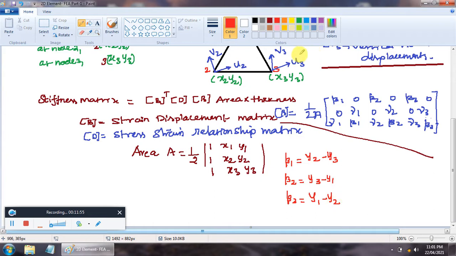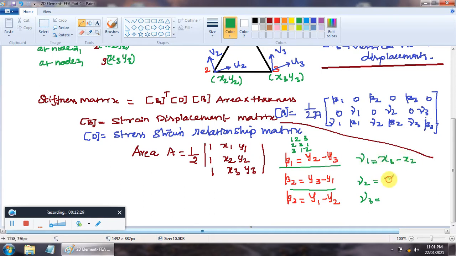The gamma values are calculated from the x coordinates, in the order 1, 2, 3; 2, 3, 1; 3, 1, 2, just reversing the order for easy remembrance.